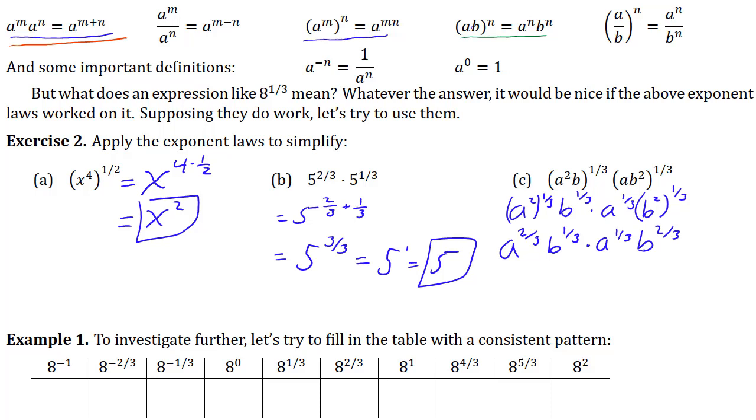All right, now I'm going to reorder this and do the a to the power 2/3 times a to the 1/3. And those are the same base of a. So in these cases, you can add these exponents to give you a to the power 2/3 plus 1/3. And here you can do the same thing with the b's. b to the 1/3 times b to the 2/3.